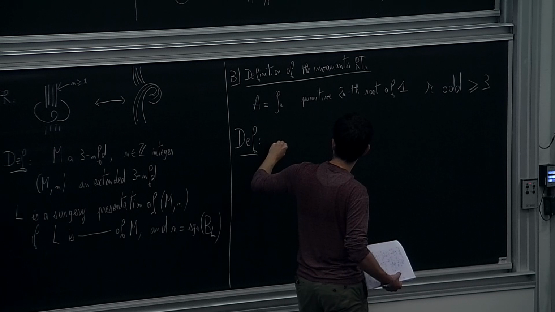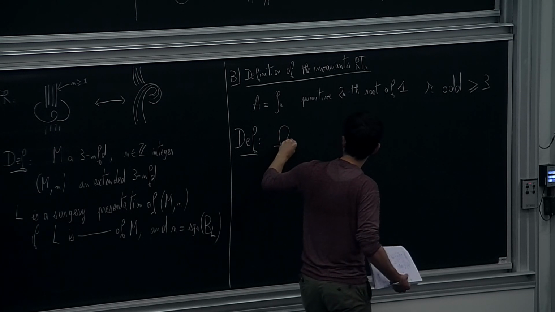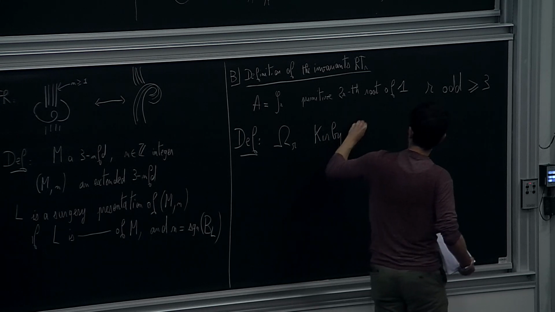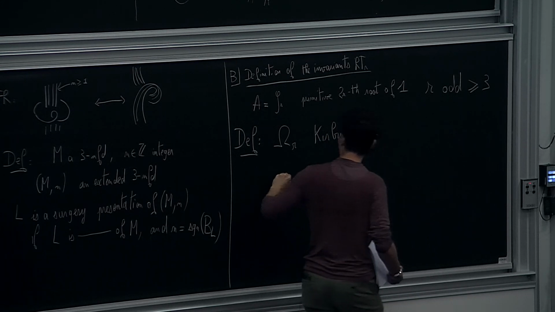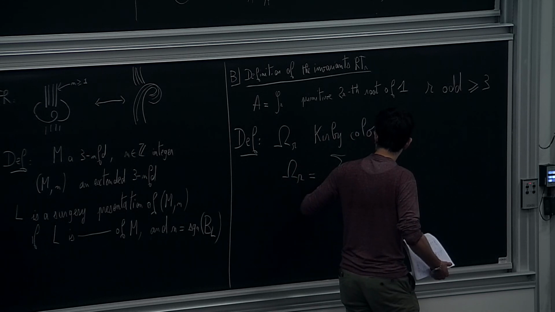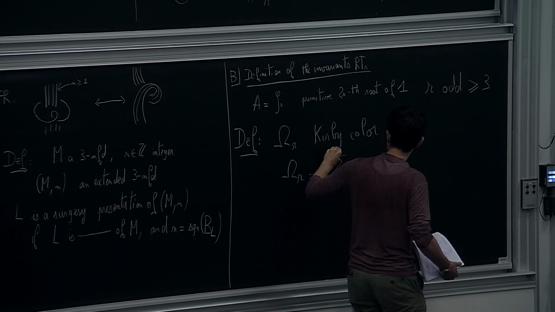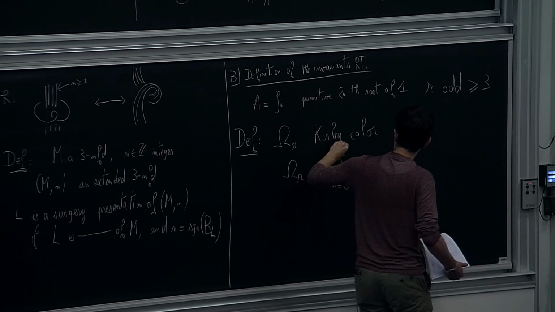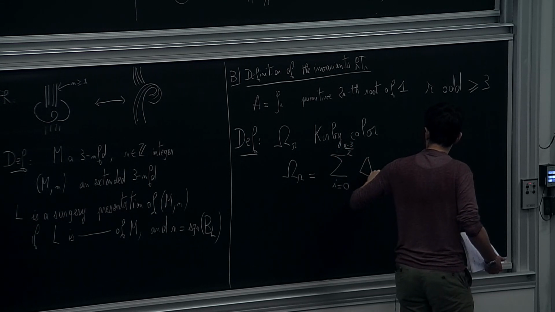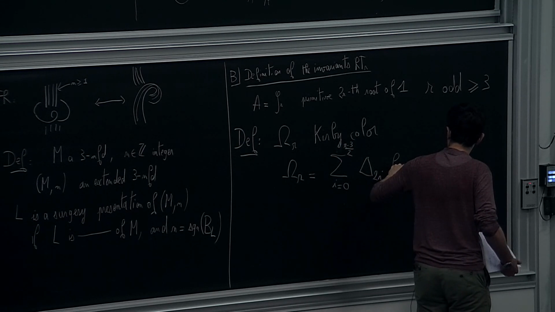So I will define omega r, the Kirby color, as omega r is the sum for i equals 0 to (r minus 3) over 2 of delta 2i f2i.